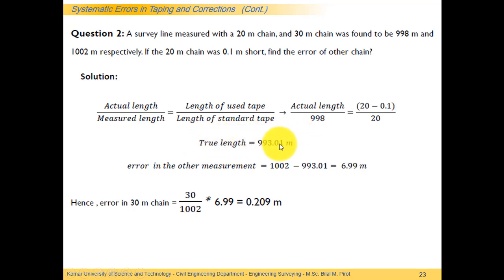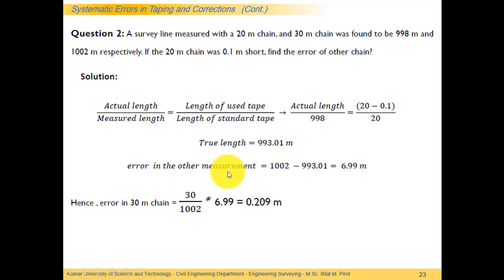Now we will use this number for the second tape, because the line is the same and is not changed, and the true length of that line will not change even if you use more than two tapes. So the line is the same. Now we will find the error in the other measurement.